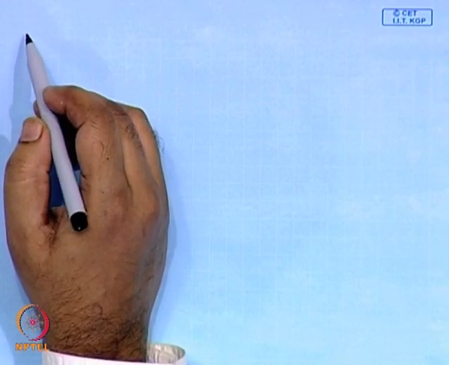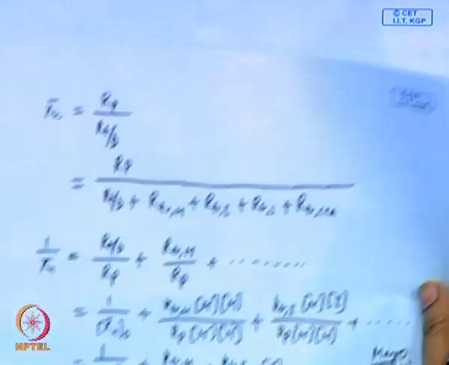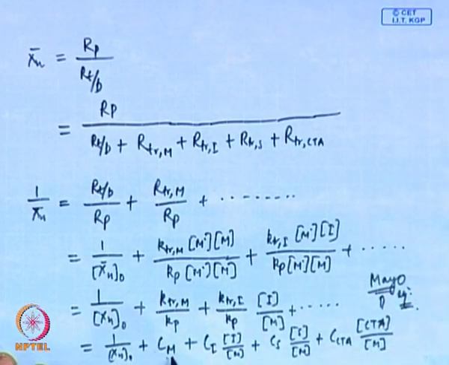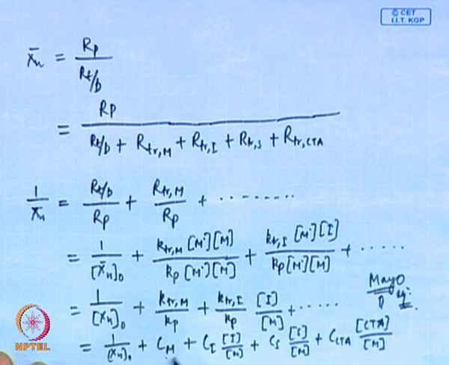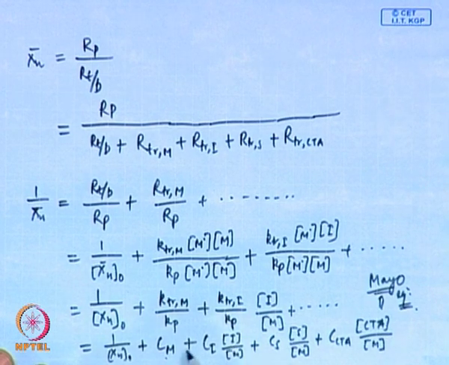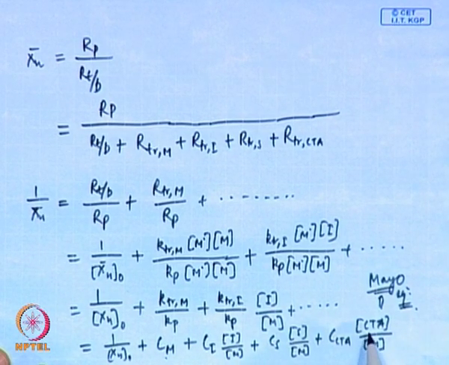Now, just look at this transfer reaction once. Typically, in normal cases, the transfer to monomer and initiator are very negligible. They generally do not take place, and unless we add a transfer agent from outside deliberately, or an impurity is present, this also does not contribute too much.